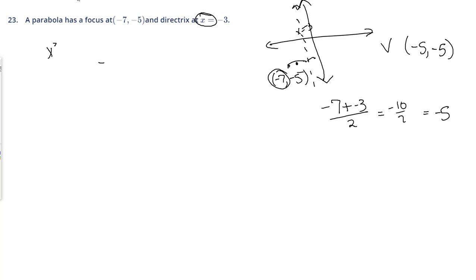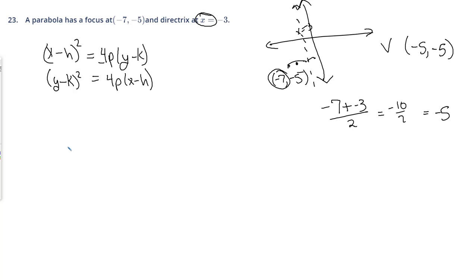So is this going to be x minus h squared equals 4p y minus k? Or is it going to be y minus k squared equals 4p x minus h? Y squared or x squared? Y squared, because it's opening horizontally. Be careful on this. This one is not going to be as obvious because they're the same number.